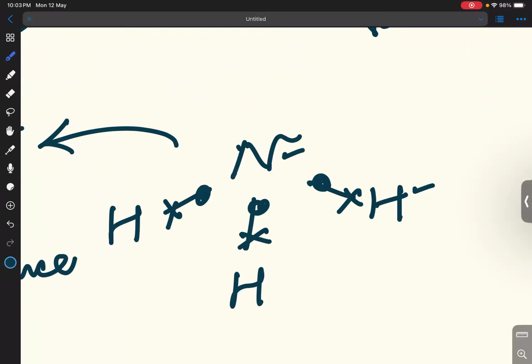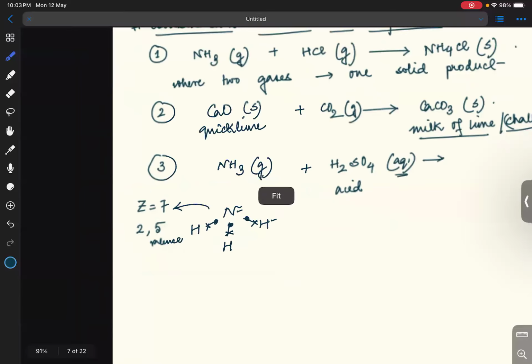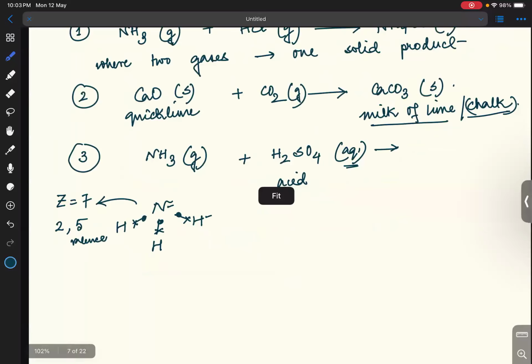Once it shares one electron, hydrogen will also share another electron of its. Now this pair of electrons is shared by nitrogen and hydrogen. This means that nitrogen also enjoys 2 electrons while hydrogen also enjoys 2 electrons. So in a way, you can say that hydrogen has a stable duplet.